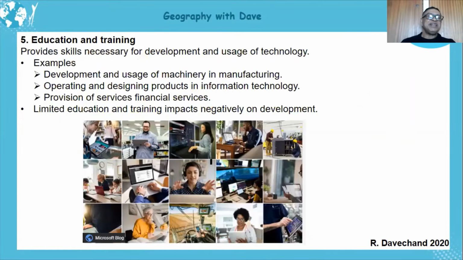But just a few examples there. Okay, education and training, another factor that affects development. All right, it provides the skills necessary for development and usage of technology. That's a little explanation of education and training. It provides the skills for development, and you need skilled labor.